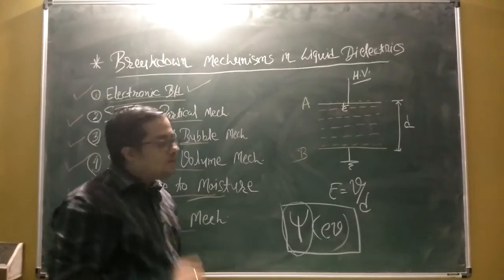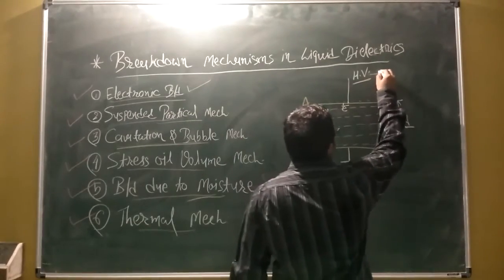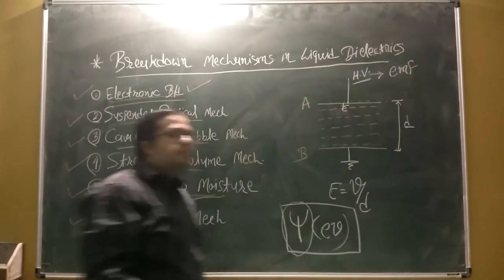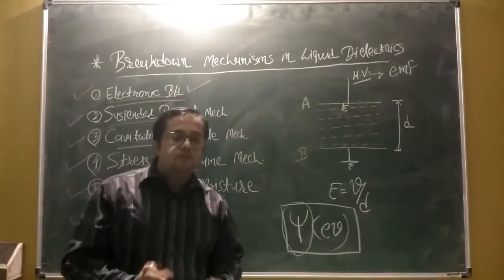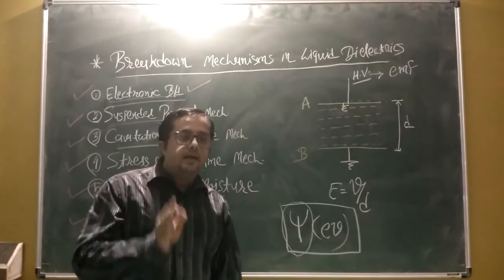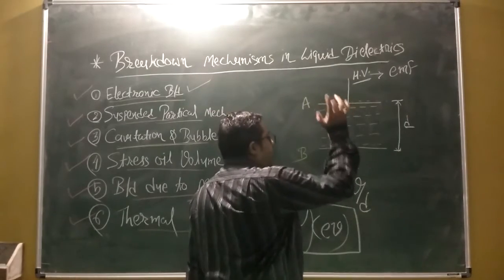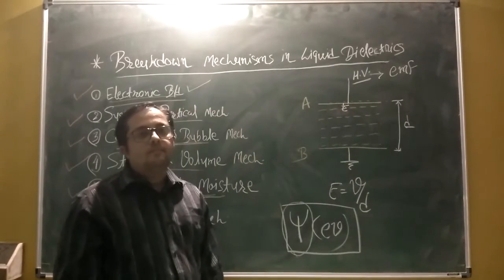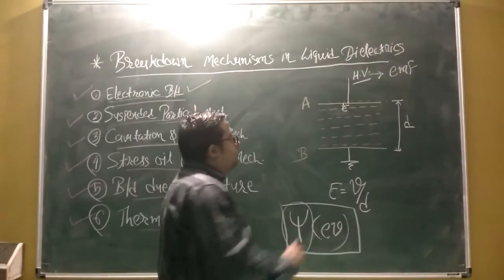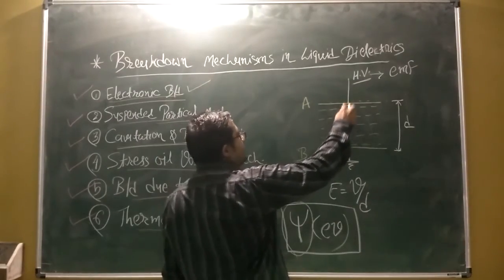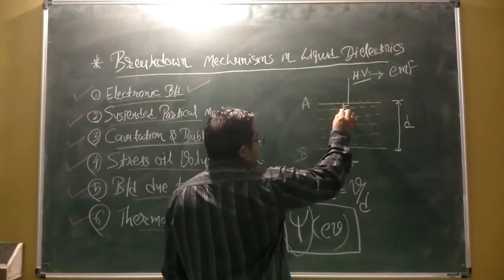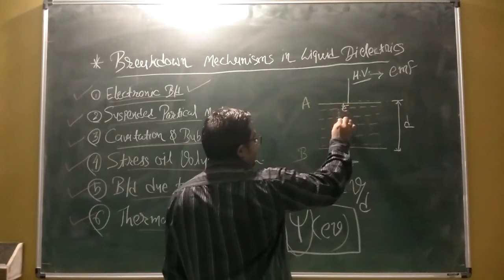Now why does it gain the kinetic energy? Because the voltage, we also know it as EMF, electromotive force, the force which is required to move the electron from one point to the other point. As the voltage application is continued, this electron will gain sufficient kinetic energy and accelerate towards the target electrode.